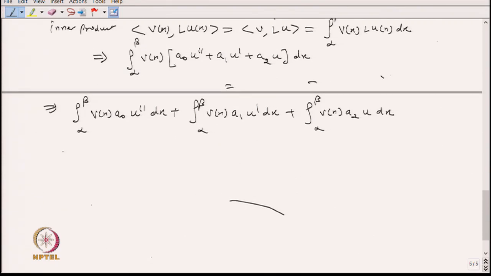Now I want to solve the first integral. In this case I will apply the product rule.